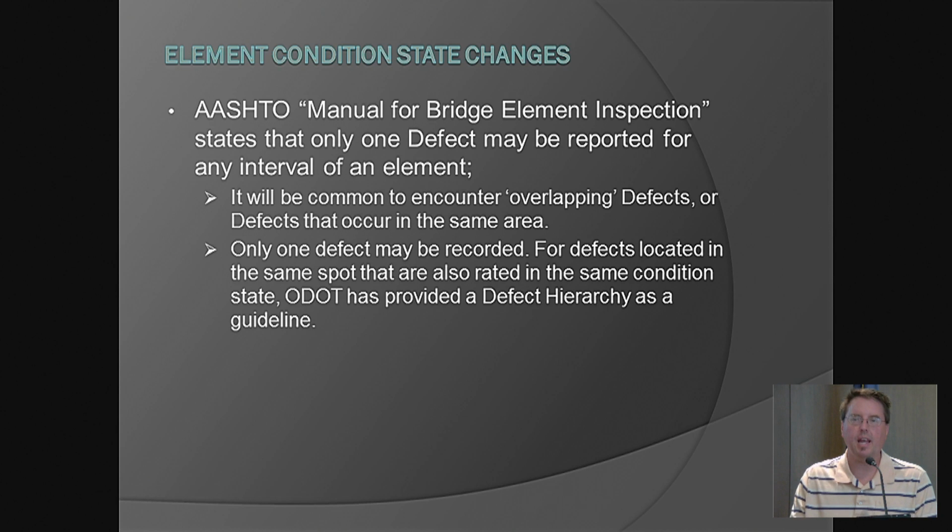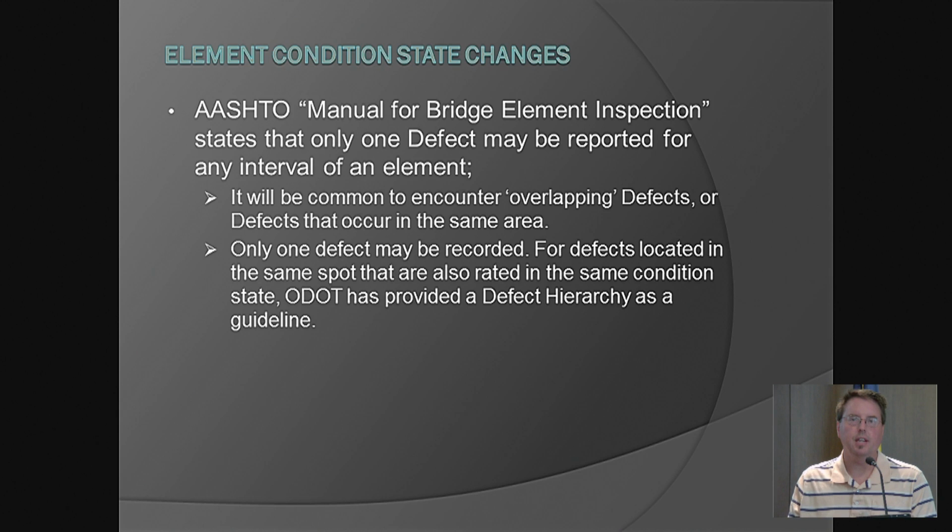So the way we handle that now is that we have what we call a hierarchy chart, and the inspectors will look at that and they'll say, okay, if we have 2 defects in the same spot and they're in the same condition state, which one do we report? So we've come up with a hierarchy chart for the guys to look at, and they can pick out the worst of the 2, and then they record that as the defect for that spot.